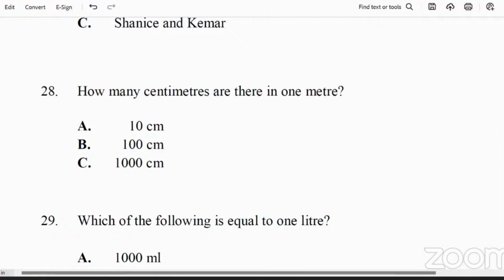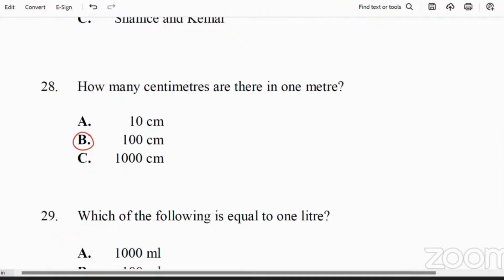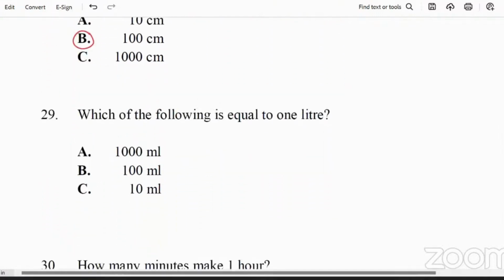Okay, so there are 100 centimeters in a meter. So the answer is B. Okay, 10 centimeters does not make 1 meter. 10 centimeters make a decimeter, if I'm not mistaken.